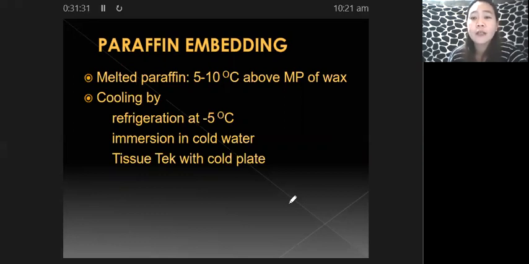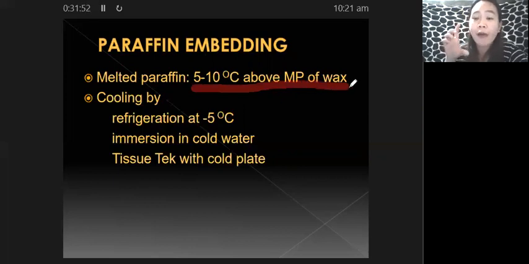Okay, anyway. So, paraffin embedding. After infiltration, the next thing that you have to do is to embed your tissue sample. And the required temperature of the melted paraffin for embedding is 5 to 10 degrees Celsius above the melting point of the wax. That means you have to maintain it at a higher temperature for embedding. Why?